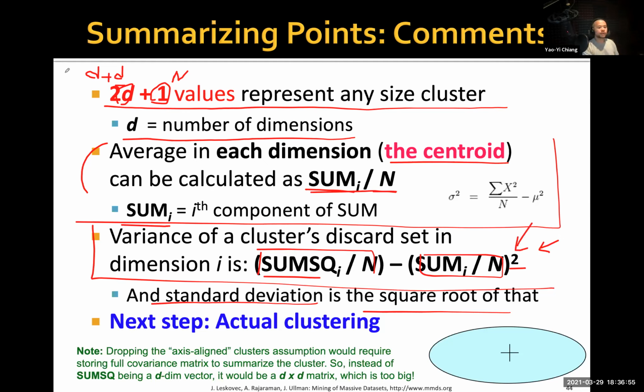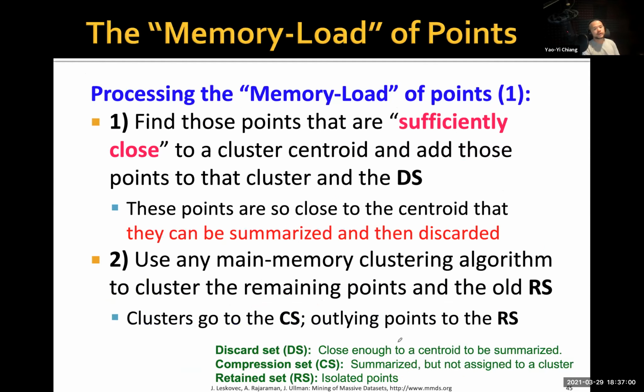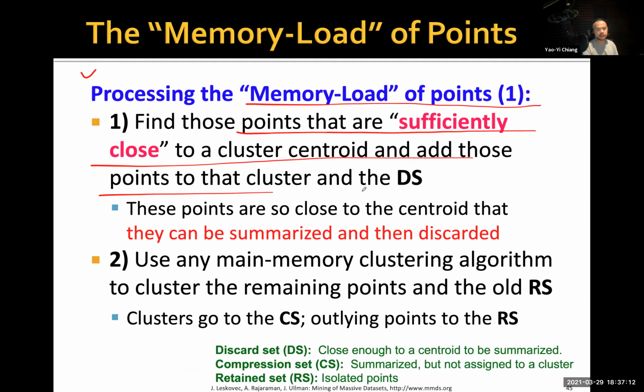So with this, how do we really do the clustering? Well, first, you process the memory load of points. You find the points that are sufficiently close to the cluster centroid and add them to the cluster and the DS. I haven't told you what sufficiently close means yet, but we are going to look at this. These points are so close to the centroid that we can summarize them and discard them.